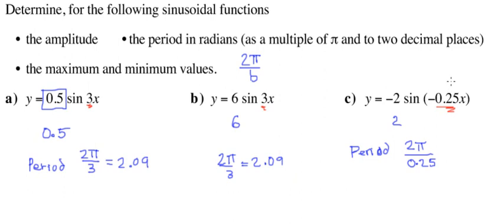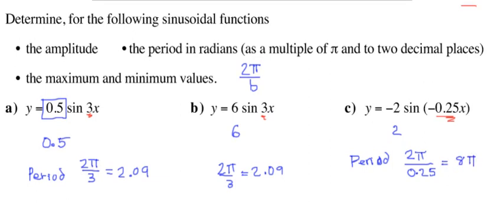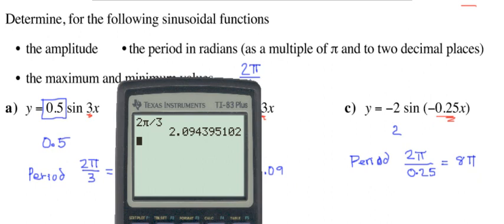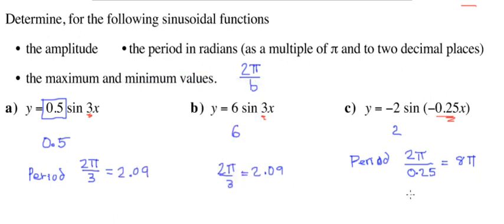That just tells us whether the function is phase reversed, which we'll talk about much later. For this, I just need the size of that number, 0.25. 2 pi divided by 0.25 is 8 pi. And to 2 decimal places, that's going to be 25 something. 25.13.